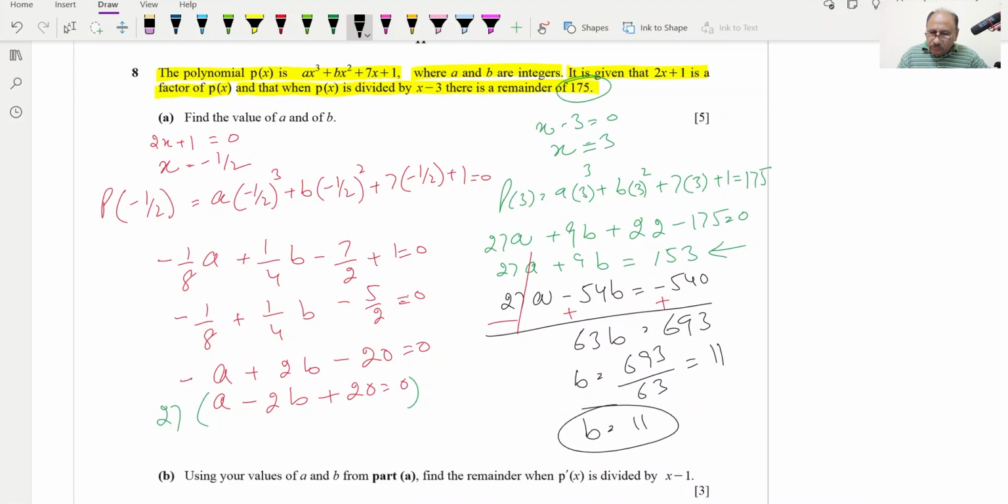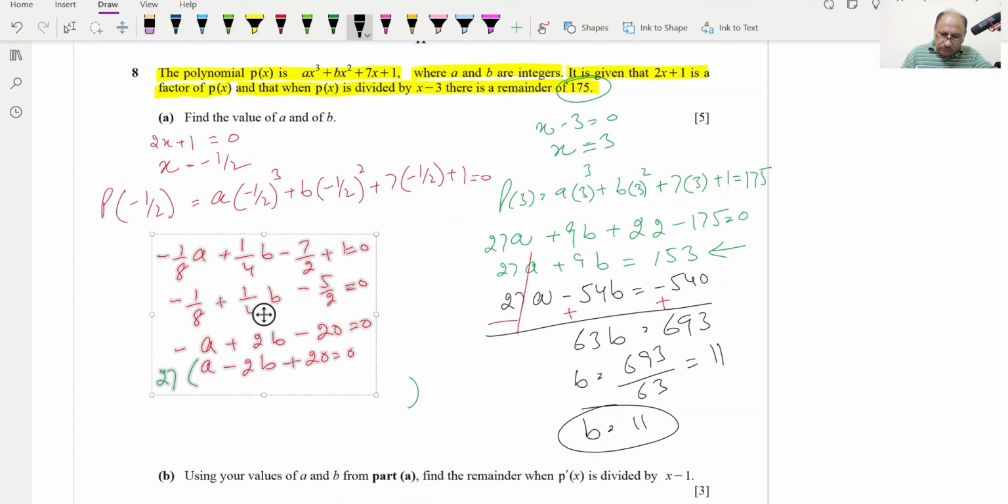Now b is equal to 11, and we can replace this value in either of the two original equations. I will replace it in this equation. Before that, I'll reduce the size so that I get space for this one.